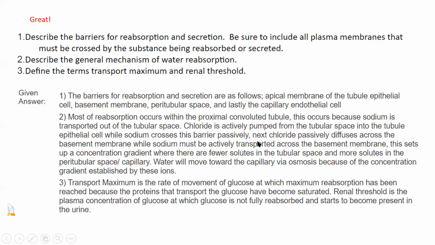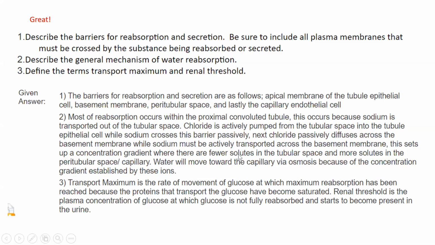And then they went on to describe how chloride is moved across the membrane. So chloride is moved passively, and then sodium is pumped across the basement membrane. And then that sets up a gradient where water can move. Okay, so this is basically the important parts of this response.